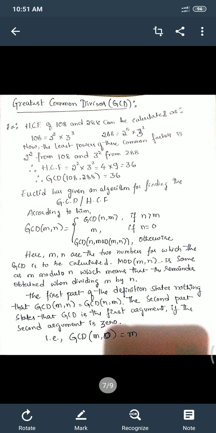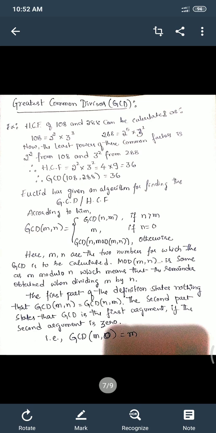What we have done: 108 equals 2 square into 3 cube. 2 square is 4, multiplied by 3 cube, 27; 27 multiplied by 4, you get 108. And 288 equals 2 to the power 5 multiplied by 3 square. When you do this, you get 288.